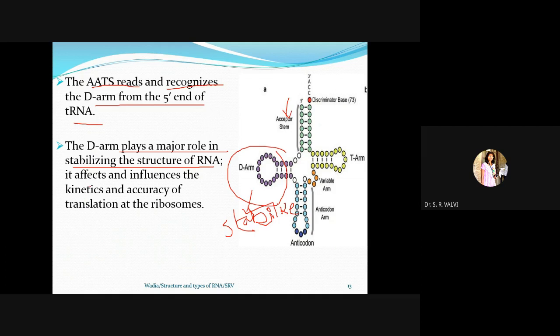So it affects and influences the kinetics and accuracy of translation at the ribosomes. If it is unstable, it is going to affect the accuracy of translation at the ribosomes.